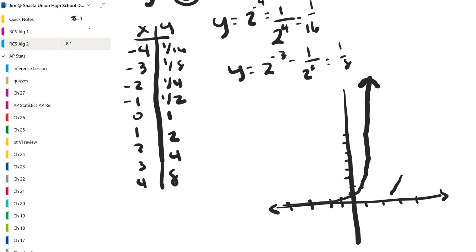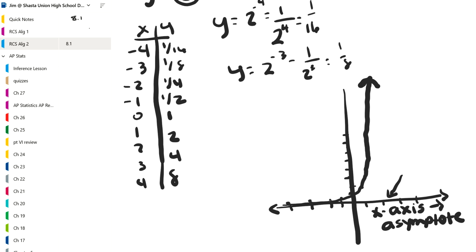This line right here, the x-axis, the graph will absolutely positively never cross. It will get really, really close, but it will never cross the x-axis. So the x-axis is called an asymptote. In this problem, the asymptote is the x-axis. That means it's a barrier for the graph. The graph never crosses it.